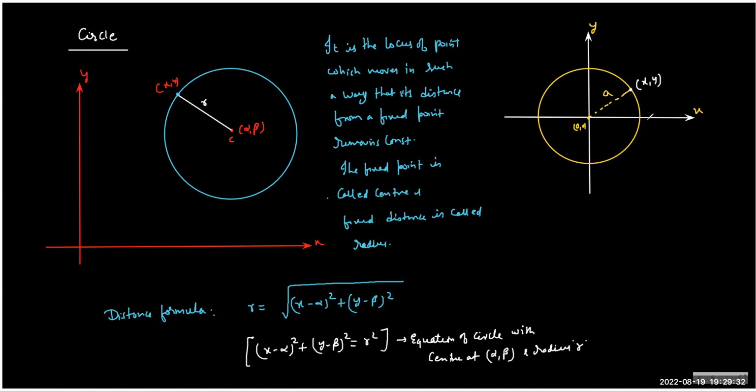Tell me, guys. The definition is the distance between the point and the center must be constant. So that's the simple definition. So what should we write here? Come on, tell me.